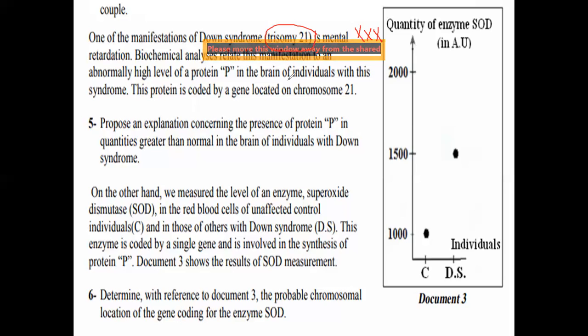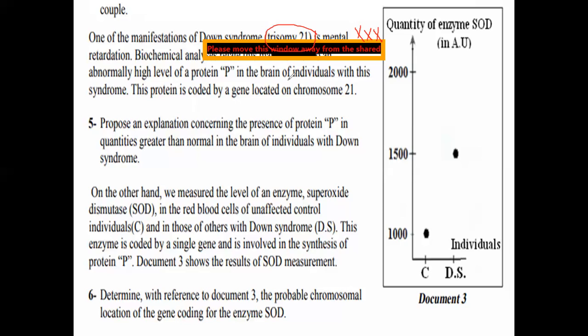First of all, they said that this protein is coded by a gene located on chromosome number 21. So if an individual has trisomy 21, a higher amount of protein P will be found in this individual. Why? Because we have three copies of chromosome number 21 instead of two copies.